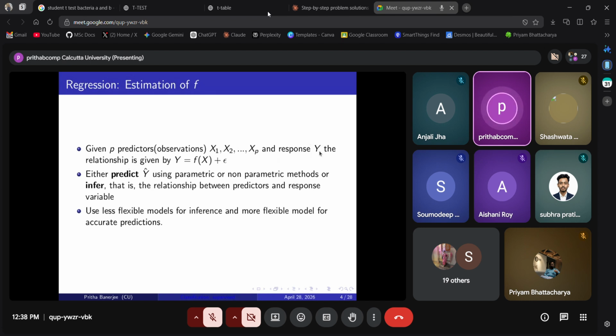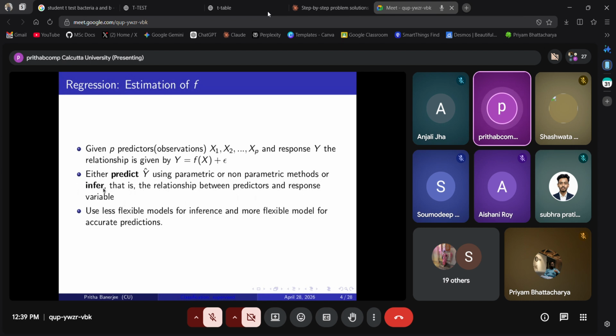So it is supervised. That's why we say regression is also supervised. The relationship was given by y equal to f of x plus this epsilon. So we either predict this y cap using parametric or non-parametric methods, and we can also infer the relationship between the predictors and response variable.